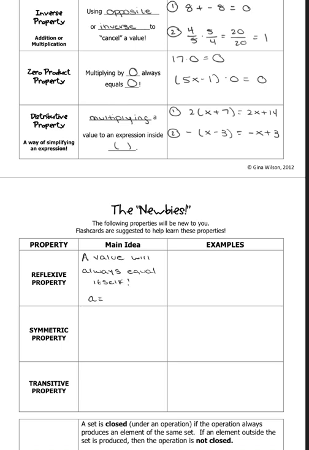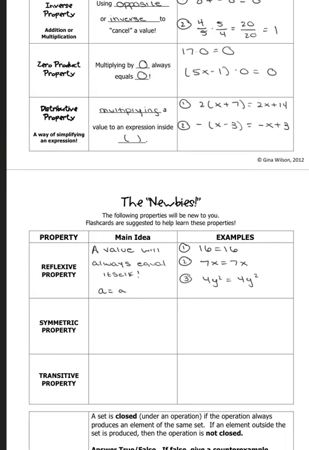For example, A equals A. When we solve multi-step equations with an infinite number of solutions, 16 equals 16, 7x equals 7x, 4y squared equals 4y squared. It will always equal itself.